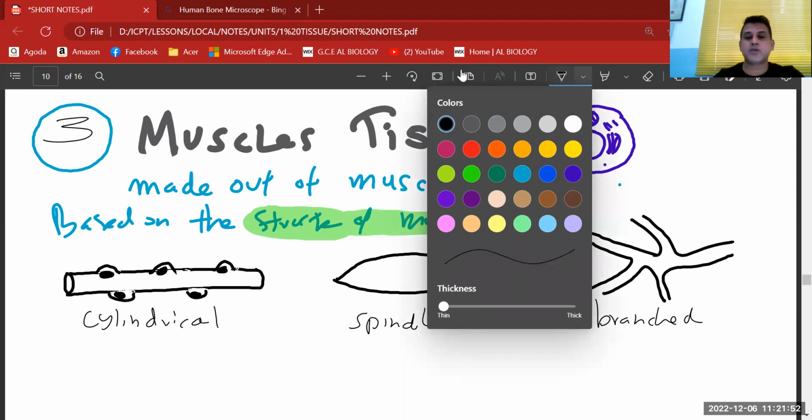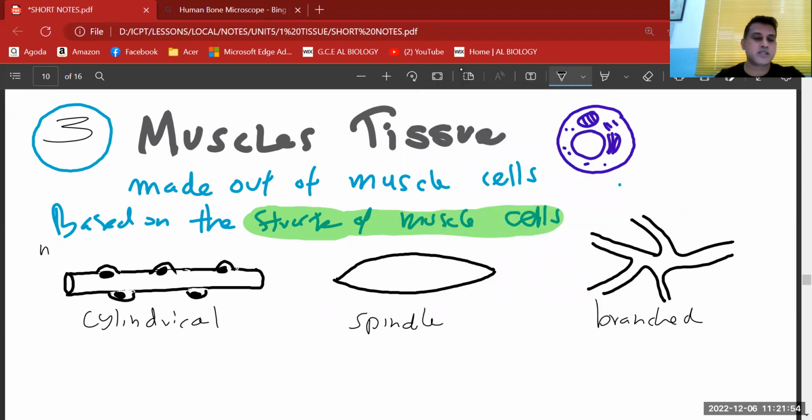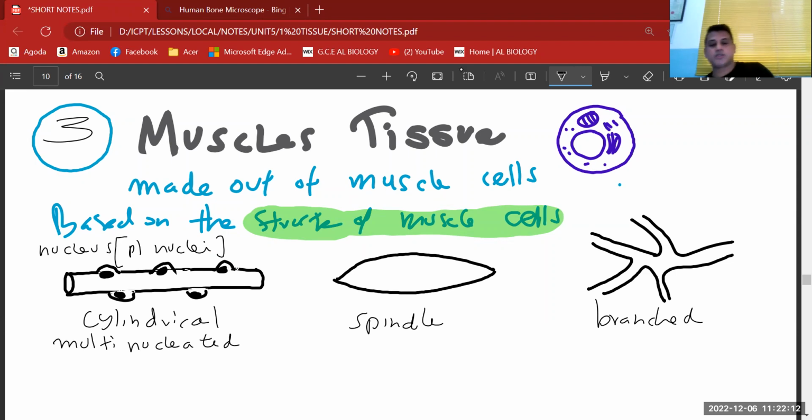Again, singular is nucleus, plural is nuclei. Then we call it multinucleated. It has many nuclei. This has one nucleus, this has one nucleus.